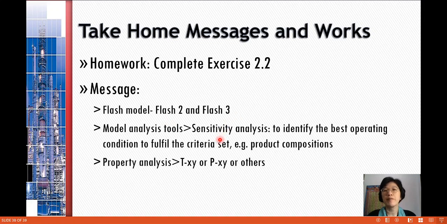You should be able to perform sensitivity analysis, which is one of the model analysis tools to identify the best operating condition to fulfill certain criteria, for example, the product specification or product composition. And the third one is you should be able to carry out property analysis, like binary analysis, TXY, and also PXY diagram.